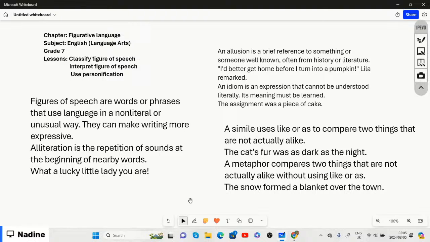And the lessons that we're going to be focusing on today under the chapter of figurative language are to classify figure of speech, to interpret figure of speech, and to use personification. All right. So basically, figure of speech, right? So we're going to the first one that is about figure of speech.